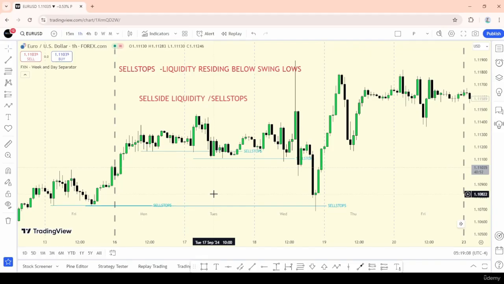In every time frame you can identify sell stops, and I'd like you to go back to your charts and try different examples of where market came back down, ran a swing low, and then further ran higher. So you'll be able to identify those as your sell stops, and in the next lesson you'll be able to understand the opposing side of sell stops, which is the buy stops.